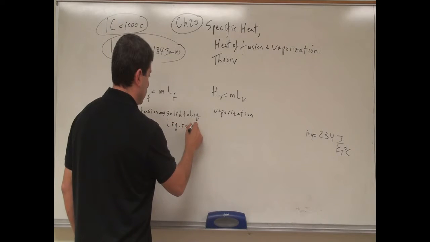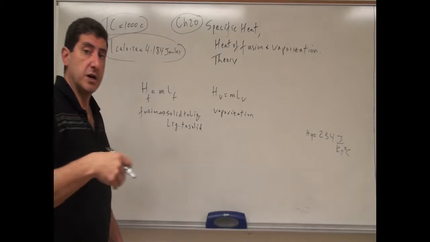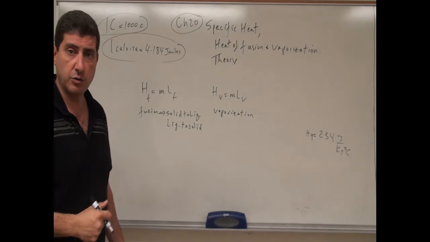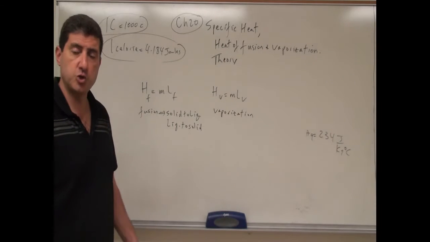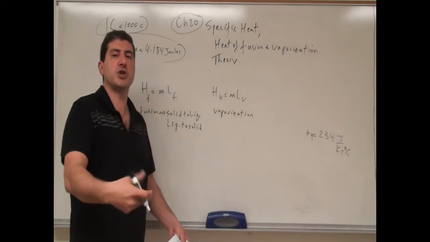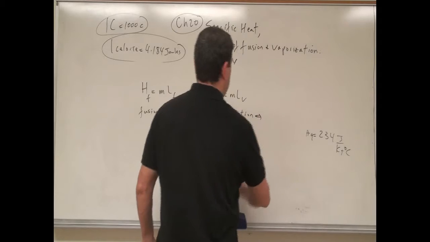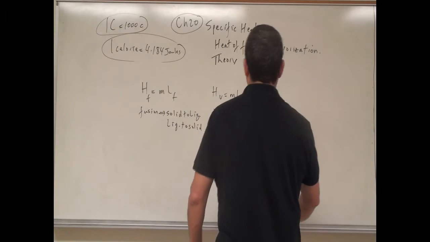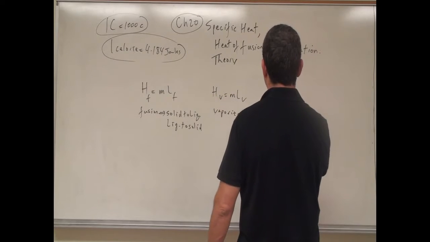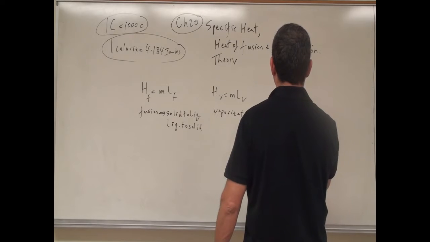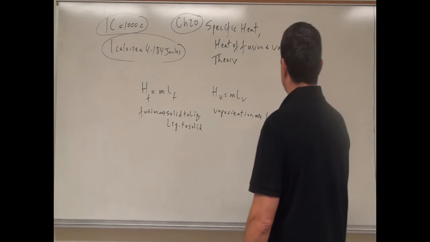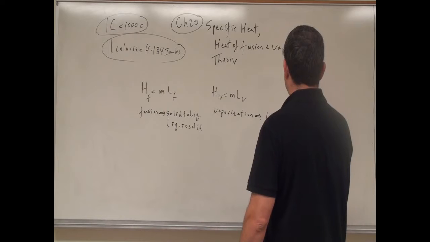You could freeze 1 gram of water and then change it to solid. You could melt 1 gram of ice and change it to liquid water, right? Vaporize is to go from liquid to gas, and then to go gas back to liquid.